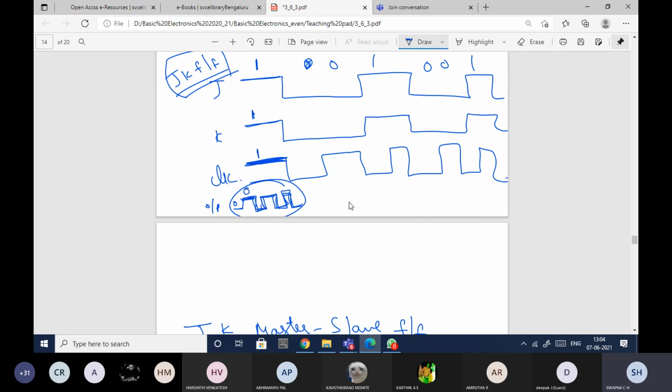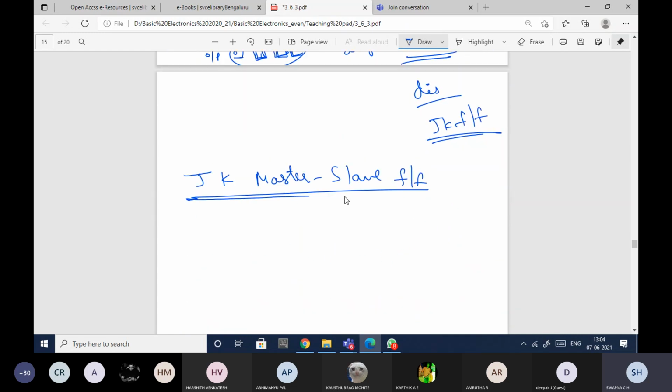It is not giving any stable state. Since there is no stable state, this is the disadvantage of the JK flip-flop. So to avoid this disadvantage, we'll go with the next flip-flop, which is the JK master-slave flip-flop. How this will be and how to implement it, we'll see tomorrow.